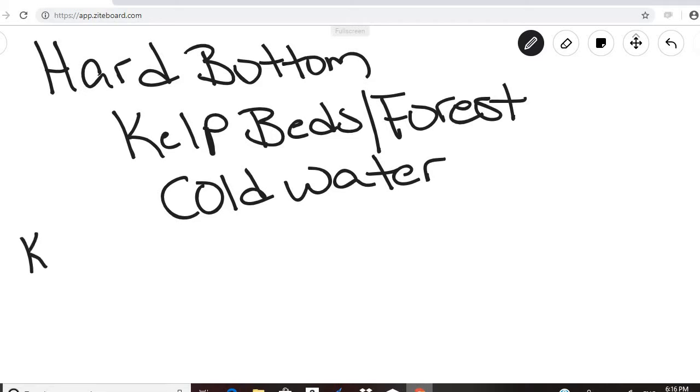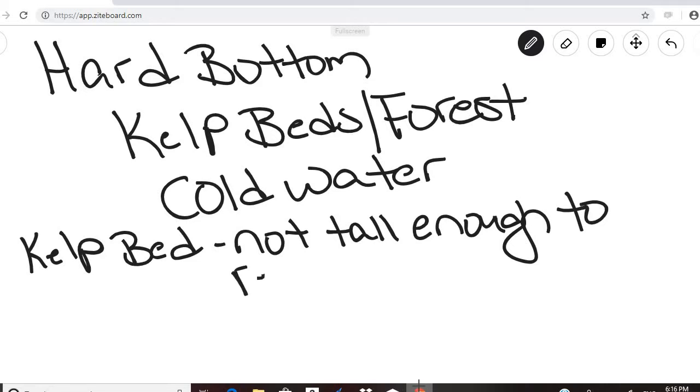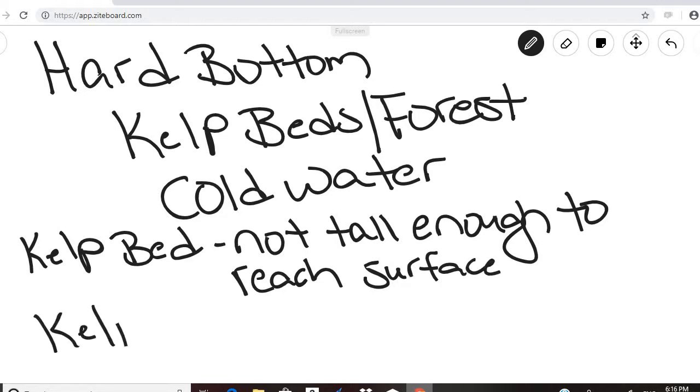A kelp bed grows from the bottom, but is not tall enough to reach the surface. A kelp forest is one in which it grows tall enough to reach the surface.